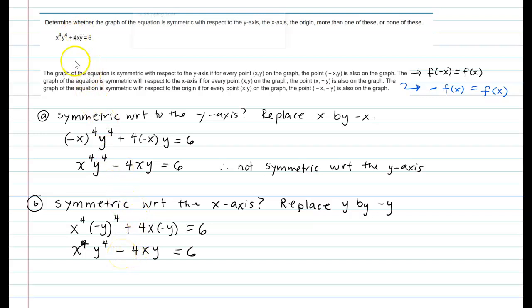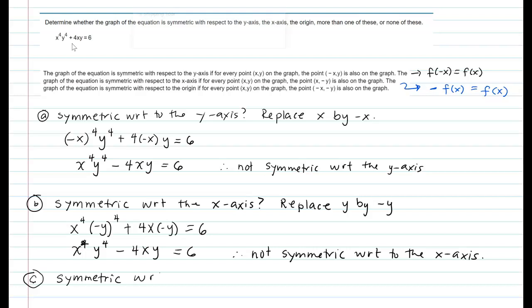This is negative, that is positive. So this is not symmetric with respect to the x-axis. Now, thirdly, we would have to see if this is symmetric with respect to the origin.